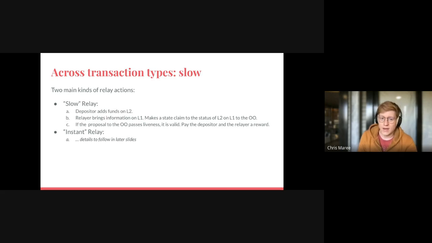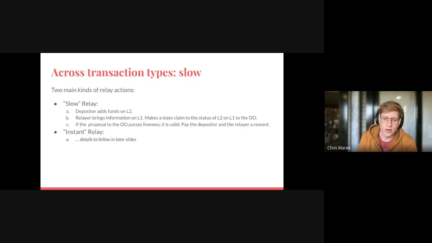If that proposal passes the liveness period, then by definition it's valid because it wasn't disputed, and then we can pay out the relayer and the reward and the cash flow to the depositor. I think there's a typo in the slide, but we can ignore that.